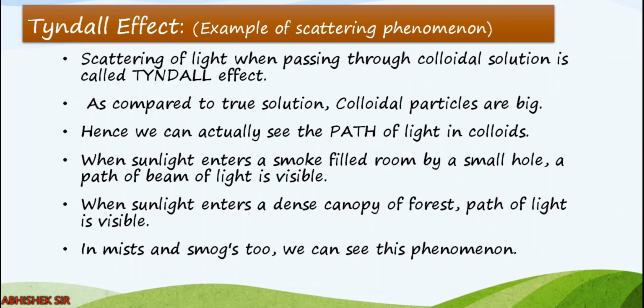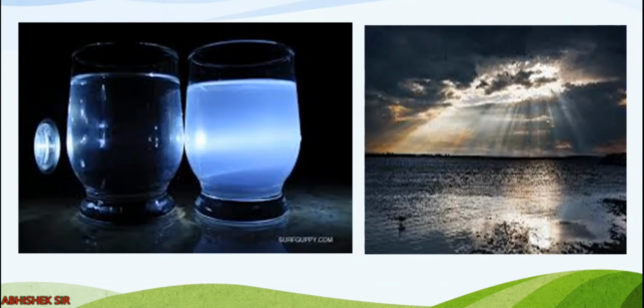So let us see how it happens, how it is visible. You see, here on the left hand side, there are two containers in which different solutions are filled, and here you can see a torch. In the first one on the left hand side, a true solution is there. So no light is scattered, because the particles are very fine, so they do not scatter.